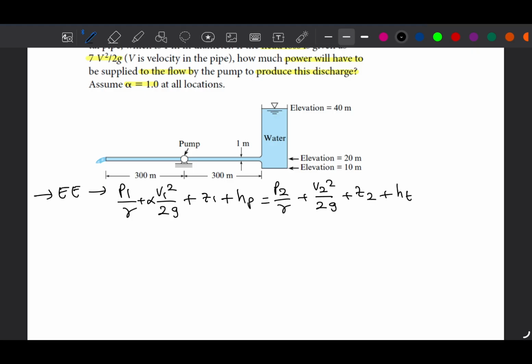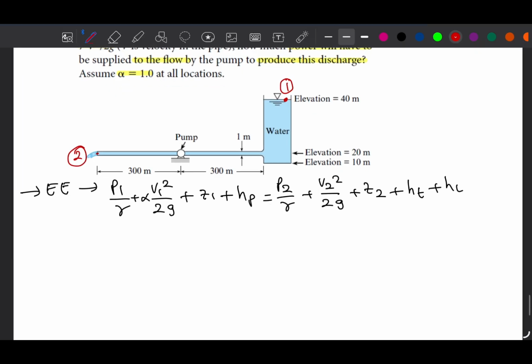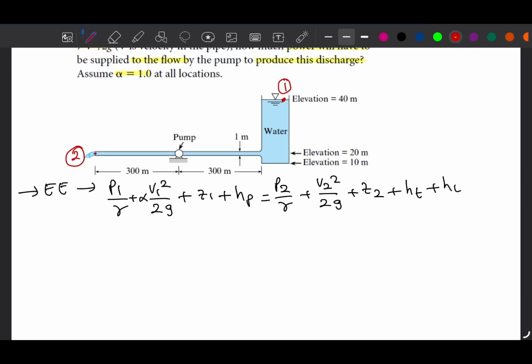And we have turbine and we have head loss on the right hand side. So we can take this point as point 1 and again outlet as point 2. This is usually ideal because when we take reference water surface as point 1, we will discard pressure and velocity. And it's the same for the outlet because we will not have pressures and we can calculate flow conditions at the outlet using given values.